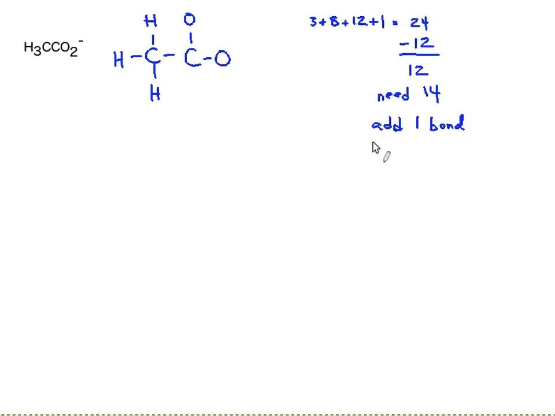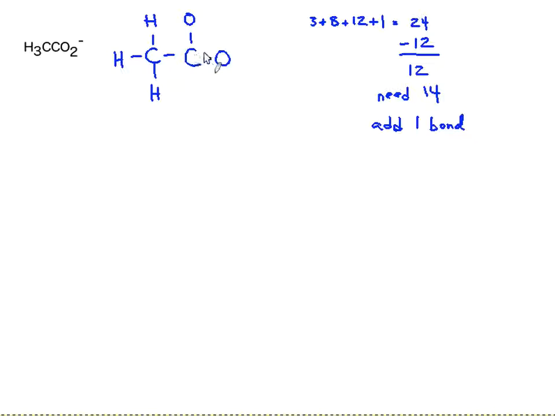Now, like in the previous video, this is where resonance structures come into play, when you have bonds that you're adding, and you have choices of where to add them. I'm not going to be adding that extra bond between the carbon and these hydrogens because that would overload both of those atoms. I'm not going to add the double bond between these 2 carbons because that would overload this carbon. It would exceed its octet.